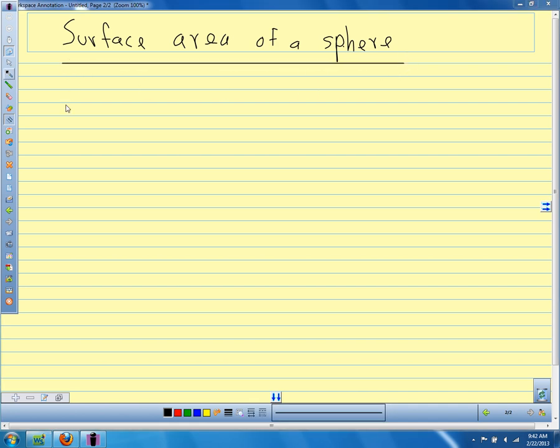Very easy formula. Surface area is 4 pi r squared, units squared. And r is just our radius.